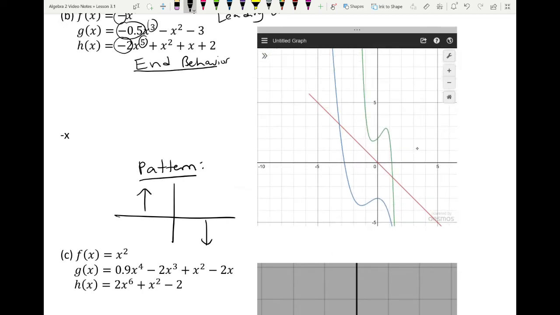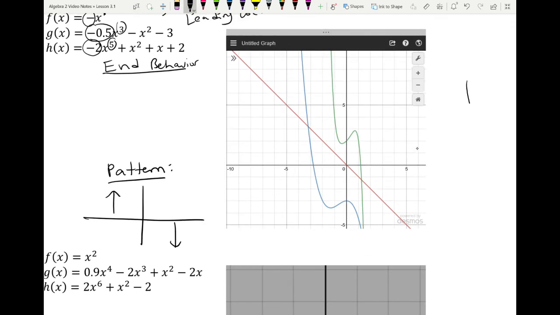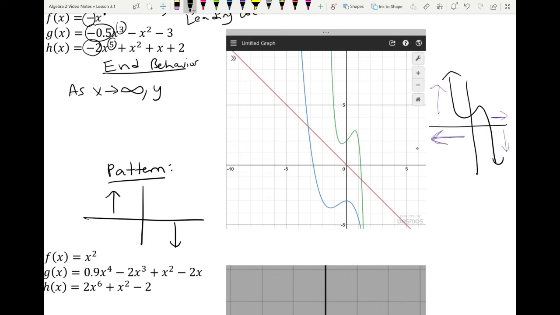Looking at the green one, as x goes negative, y goes positive. As x goes positive, y goes negative. So as x approaches positive infinity, y goes to negative infinity. As x gets more and more negative, y gets more and more positive.